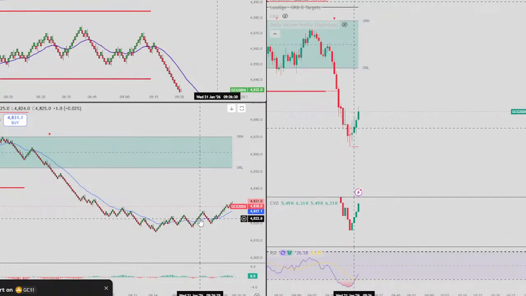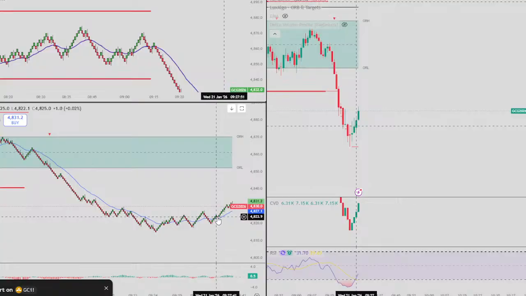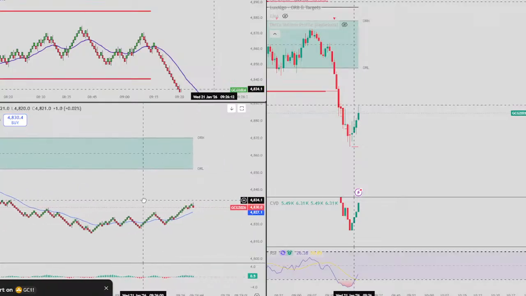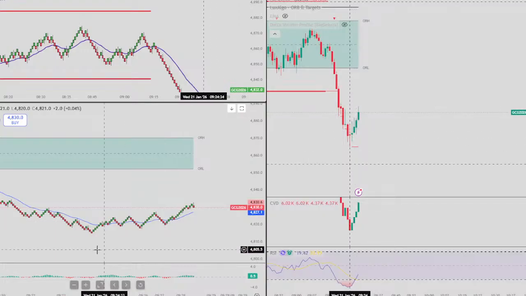I didn't have a stop loss when I got in, but I got in at this. Where did I get in? That's why it's hard to tell. I saw I was up 76 ticks and I was like, I'm getting out.